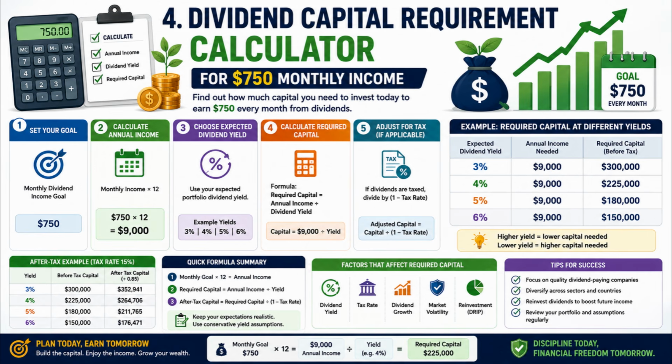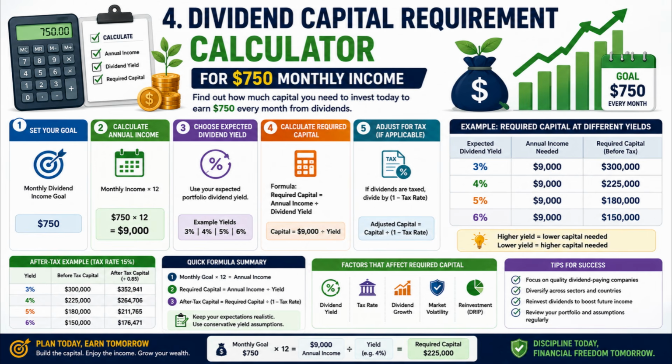Likewise, at a 4% yield, the after-tax capital requirement becomes approximately $264,706. At a 5% yield, it becomes about $211,765, while at a 6% yield, it becomes approximately $176,471.